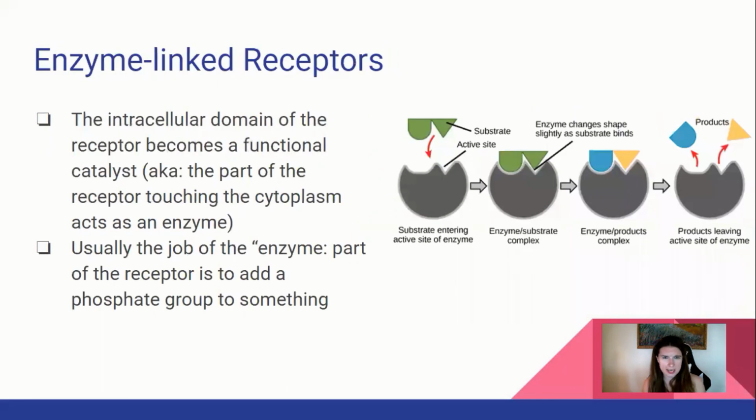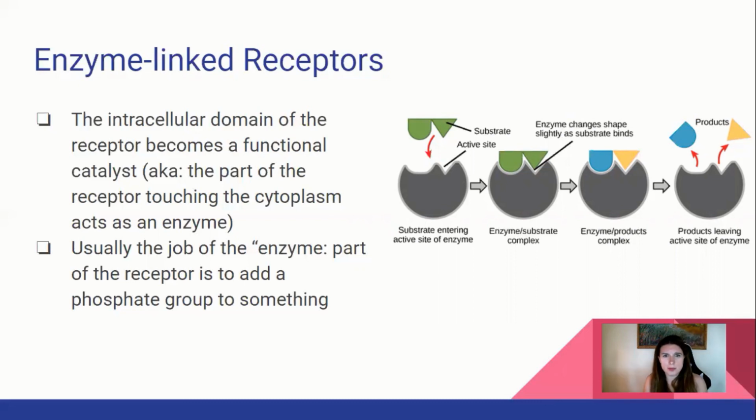Our third type of receptor is something called an enzyme-linked receptor. We're not really going to focus on those, but you should know they exist. An enzyme-linked receptor is a receptor protein that when a signal binds to it, the part that's inside the cell, so the part of the receptor that's inside the cell, turns into an active enzyme.